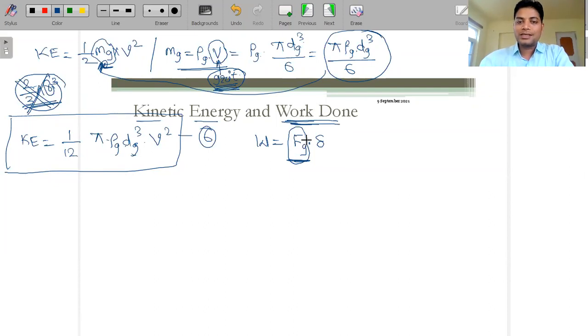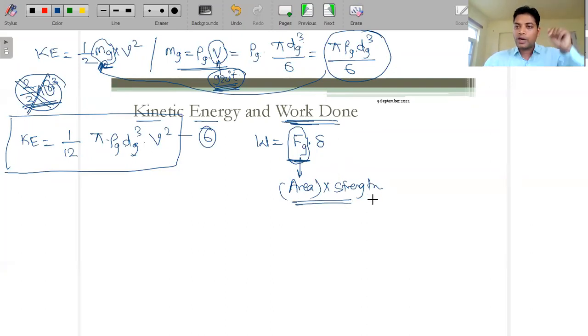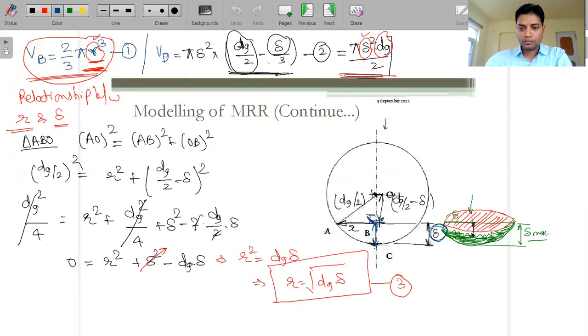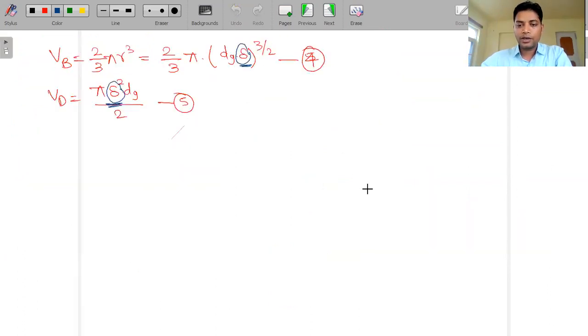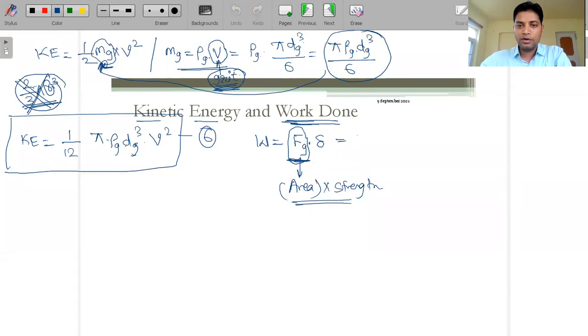So this is the area into strength of the abrasive particles. The area is in meter square and strength is in Newton per meter square, so Newton means force will be there. Now this area, I am writing in terms of delta, because the work done is covered by that. So this area will be equals to pi into delta square.